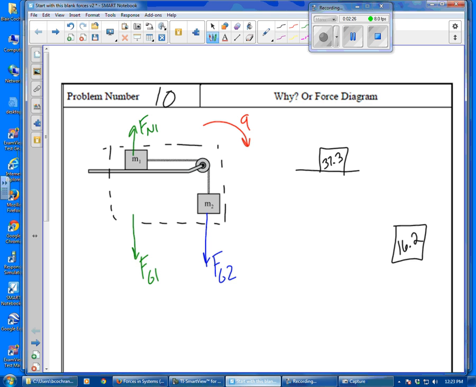Okay. So that means the inertia of my system is 53.5 kilograms. Right? So here I've got FG2 and a tension. Here I'd have a tension.